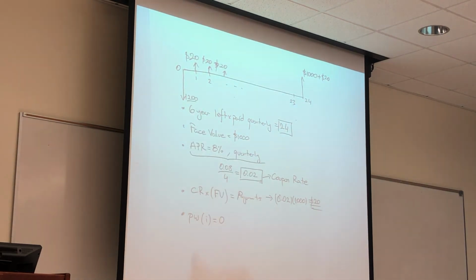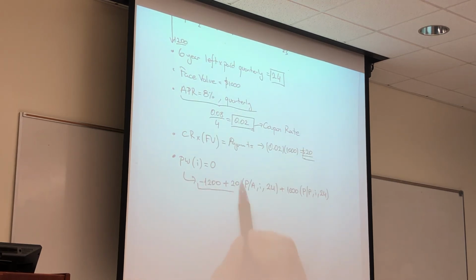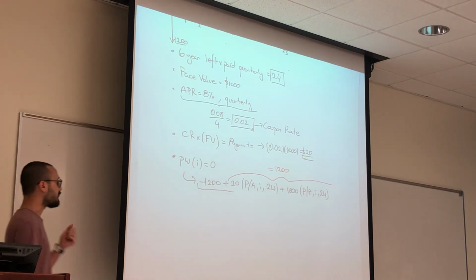So we have a minus here: minus 1,200 plus 20 times P/A with an interest rate and 24 payments, plus 1,000 times P/F with the interest rate and 24 periods, equals 0. So the interest rate that gives you this is your yield to maturity.